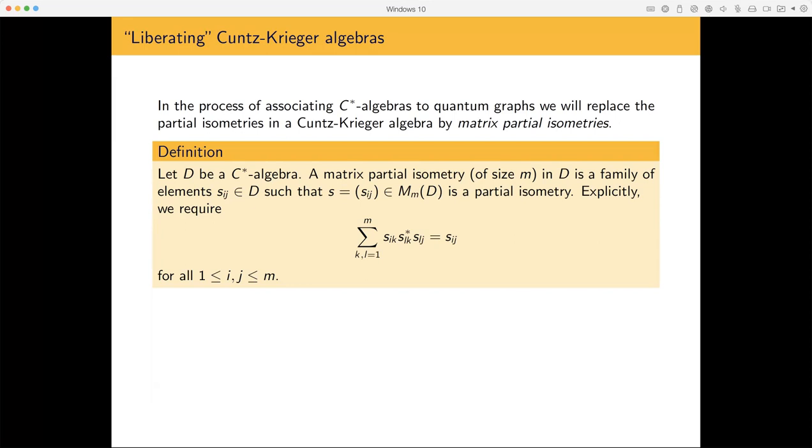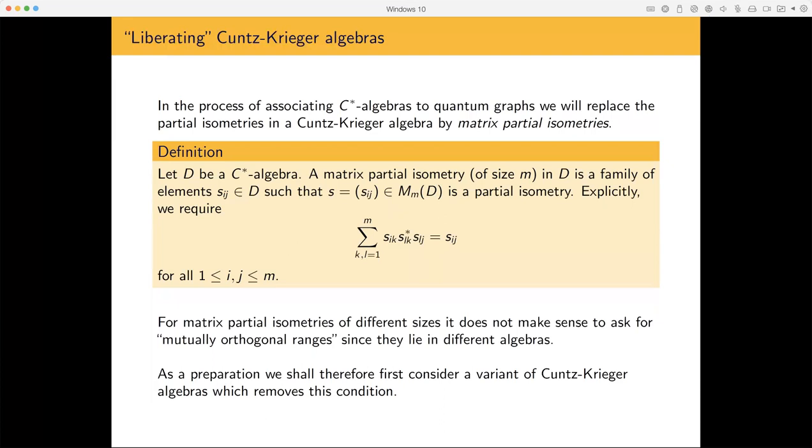But there is an obvious problem if you do that, and if you compare with the definition of the Cuntz-Krieger algebras, mutually orthogonal ranges. If you have a bunch of such matrix partial isometries, and if they have different sizes, if the matrix size varies, and we certainly want to allow that, then it doesn't quite make sense to speak about having mutually orthogonal ranges, because projections live in different algebras.